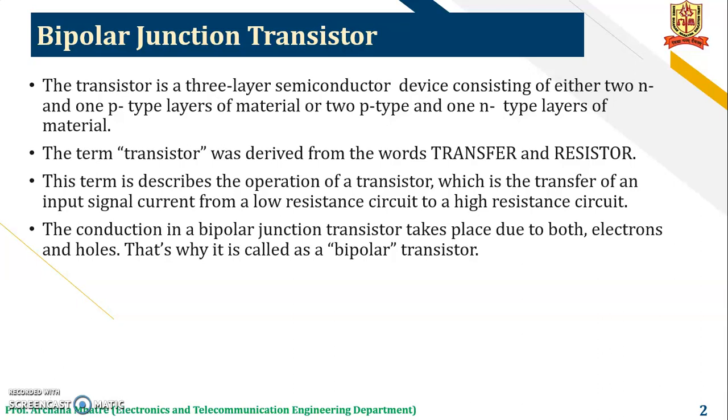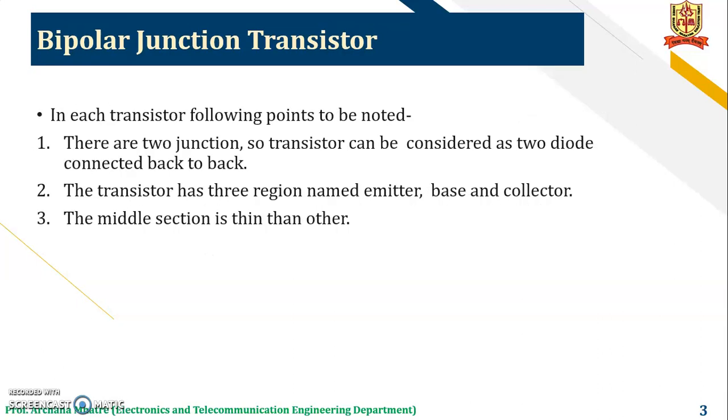The conduction in a bipolar junction transistor takes place due to both electrons and holes. That's why it is called a bipolar transistor. In each transistor, the following points are to be noted. First, there are two junctions, so a transistor can be considered as two diodes connected back to back.